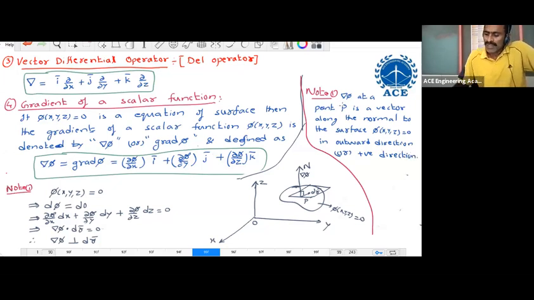So if you are finding a del phi at a point, that is a normal to the surface. Del phi is a vector that is along the normal, from this diagram.